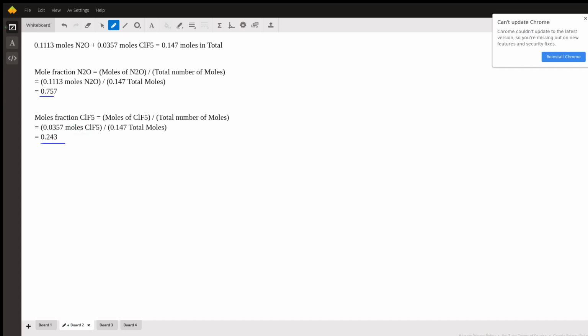We can check our answer for the partial pressures and the total pressure by making sure that the partial pressure fraction for each gas is equal to the mole fraction. So I'm just gonna write that separately at the side here.